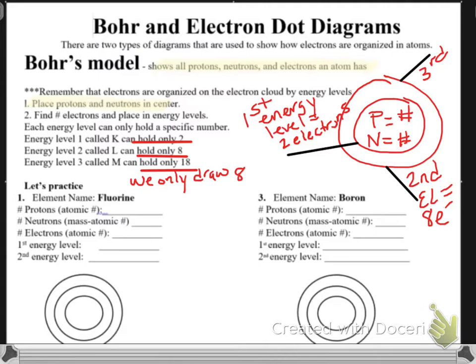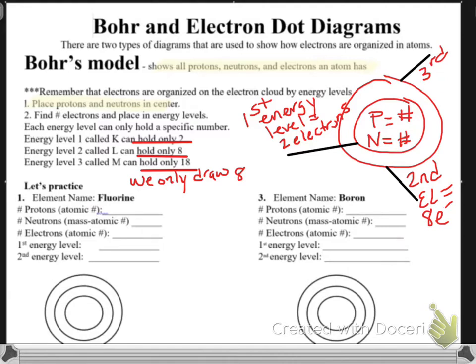It's the one from the Big Bang Theory where it shows the atom. That's the electron cloud model, and that's the most accurate model. But we still use these two models for simple tasks in chemistry. Anyways, there's a fourth level, and it can hold 32, but we won't ever go above level M because things change and get more complicated. You'll talk about that in high school.